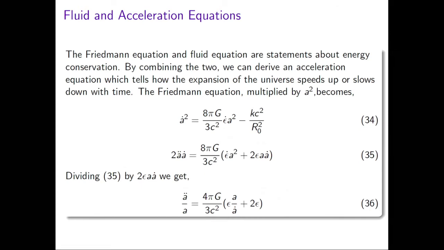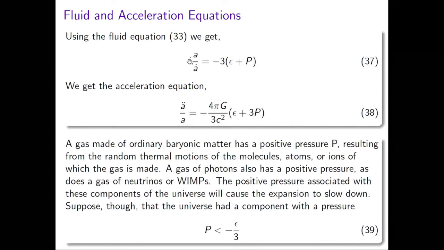So using the fluid equation, we substitute it in equation number 36, and then we get the acceleration equation, that is a double dot by a is equal to minus 4 pi G by 3 c squared into epsilon plus 3P. So this is basically an equation which tells us how the universe accelerates with time.